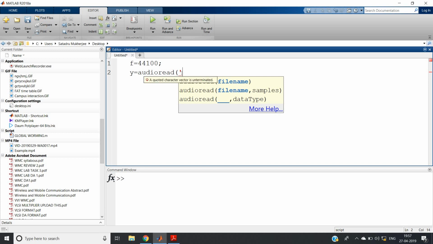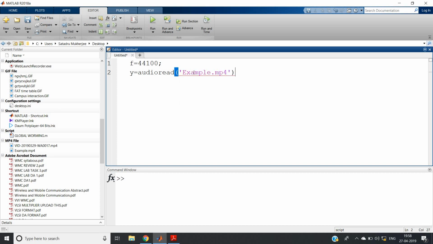You have to write the name exactly, in quotation marks, then close the quotation, then a semicolon, right? Now p equal to, to play the audio you should write audioplayer, audioplayer y comma sampling frequency f.